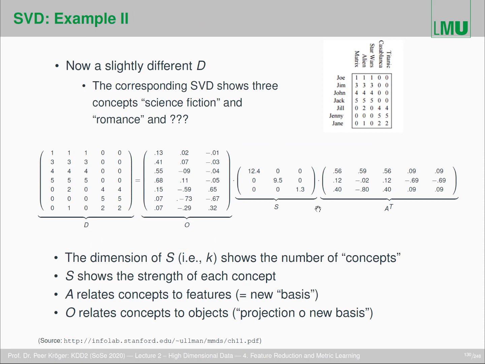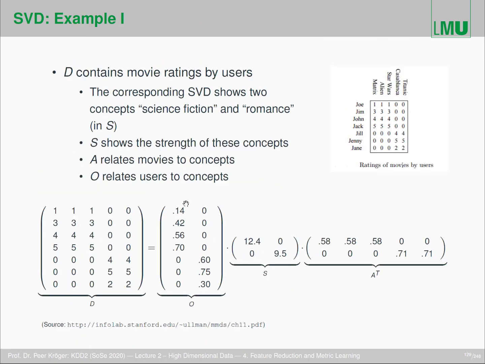Okay, so if we don't want to have any information loss, by the way, we keep all the singular values. So if we reduce this data matrix to this one here, we don't lose anything. That's just because this is a very artificial case where we have a lot of redundancies, which is reflected in these two concepts here.